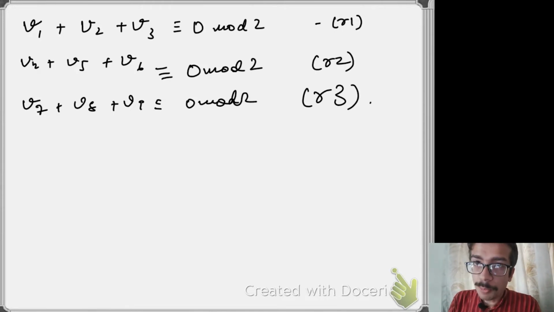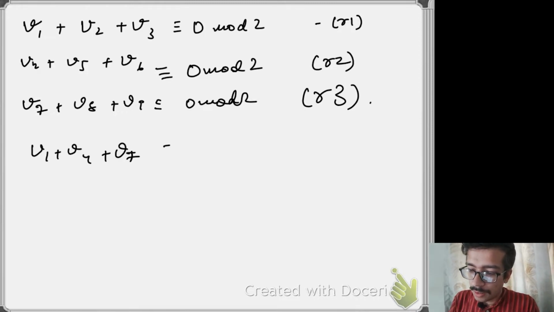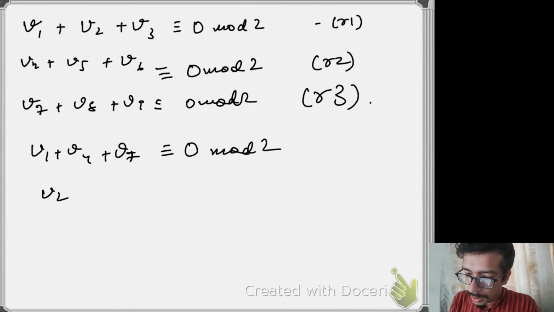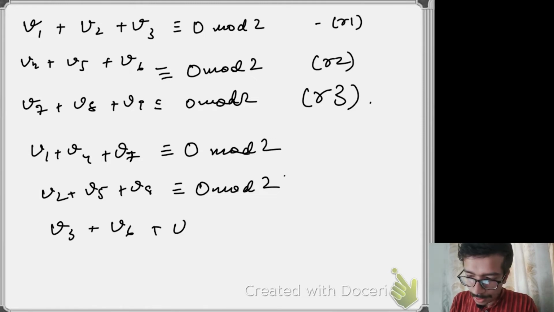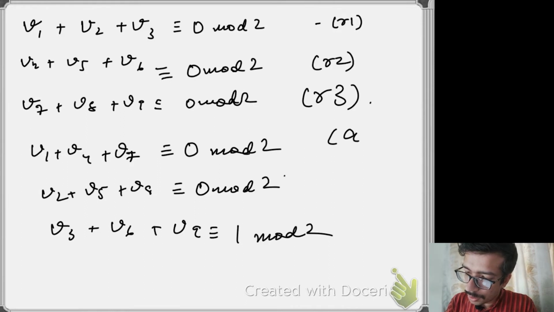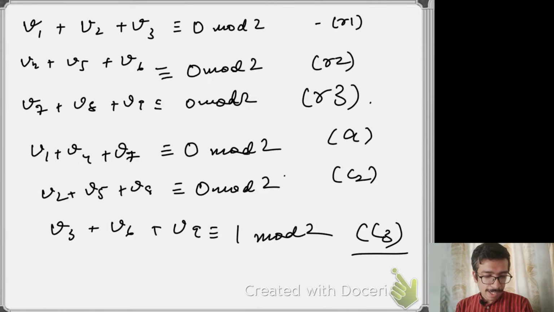Then I have the corresponding column constraints: V1 plus V4 plus V7 is 0 mod 2, V2 plus V5 plus V8 is 0 mod 2, and V3 plus V6 plus V9 is 1 mod 2. These are C1, C2, C3.